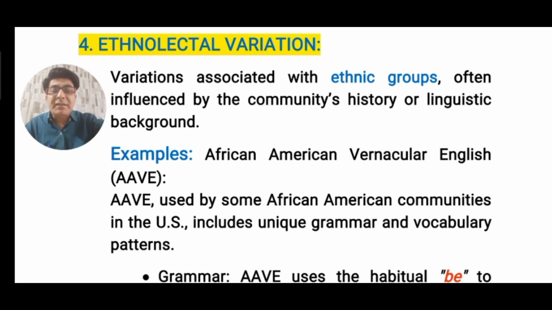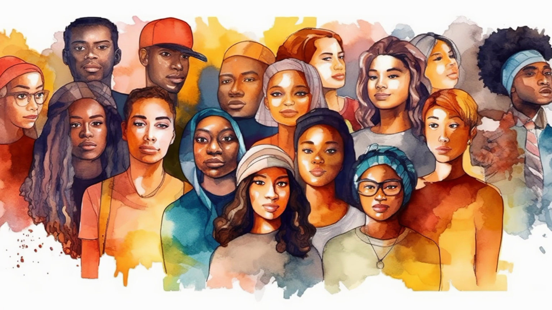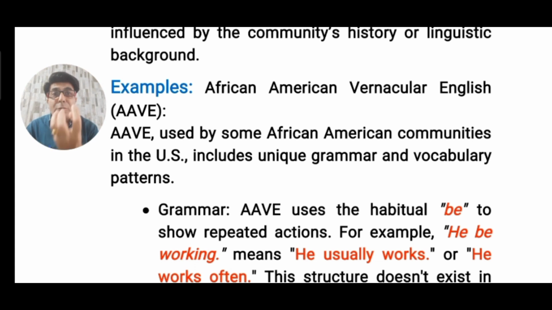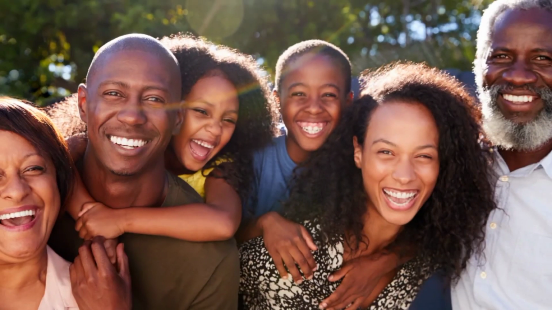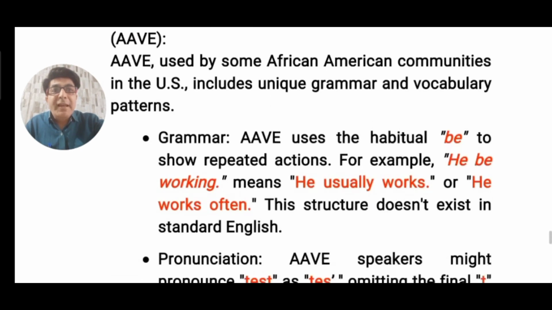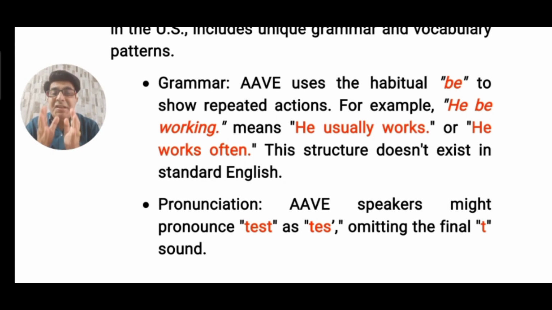And the fourth important variation is ethnolectal variation. Ethnolectal variation means the change that you see with different ethnic groups. For example, in America there is a group of people called African Americans, and they have their own language and their own vocabulary. These African American people use the habitual word be to show repeated actions.